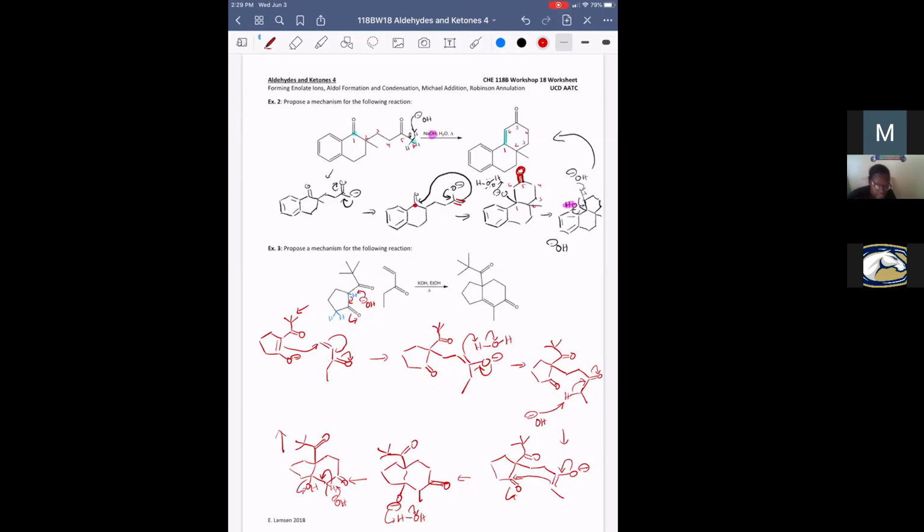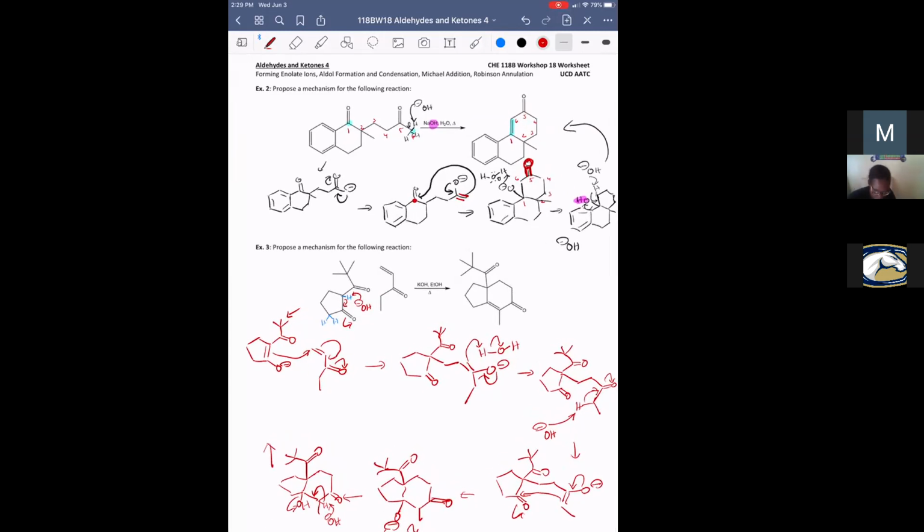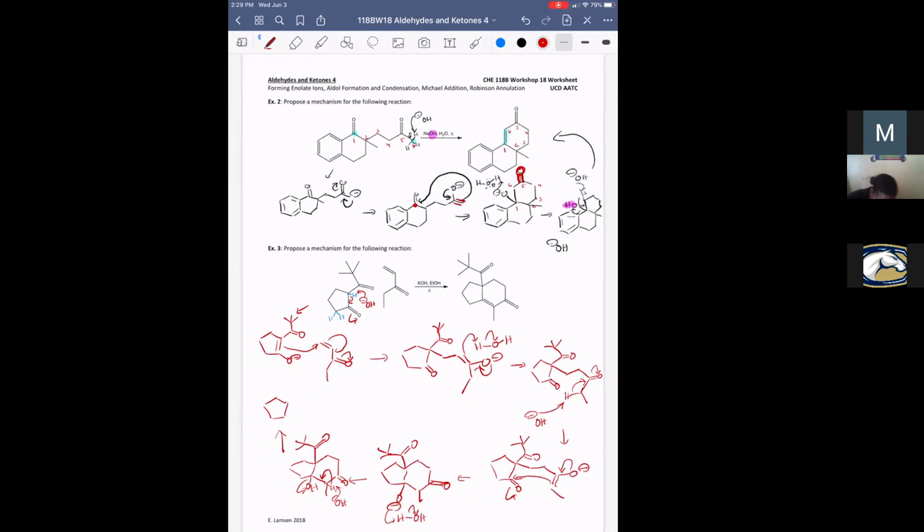And then we can get to our final product, where we have a 5-membered ring adjacent to a 6-membered ring. Right, we should have a carbonyl present there, a methyl there, another carbonyl with a tert-butyl group. And now we've generated a double bond right here with the loss of OH. So this would be our final product.